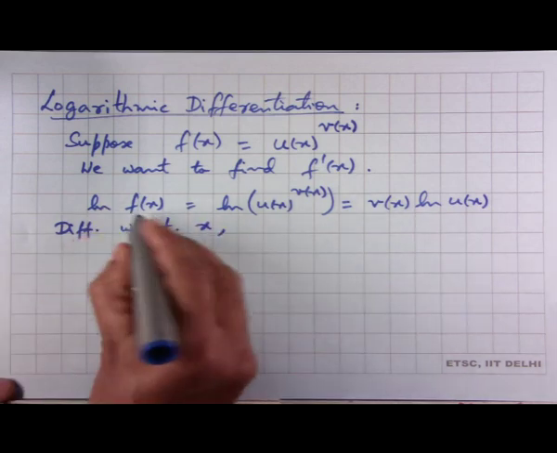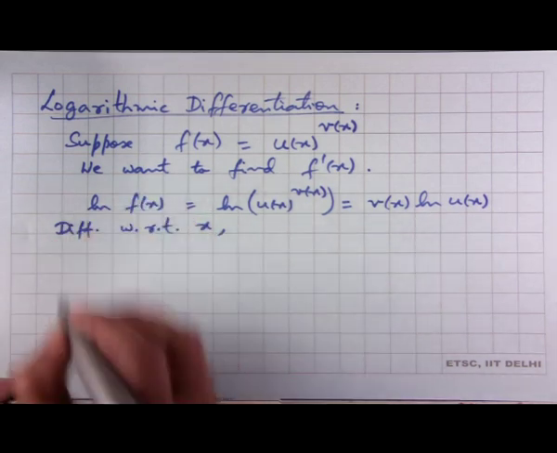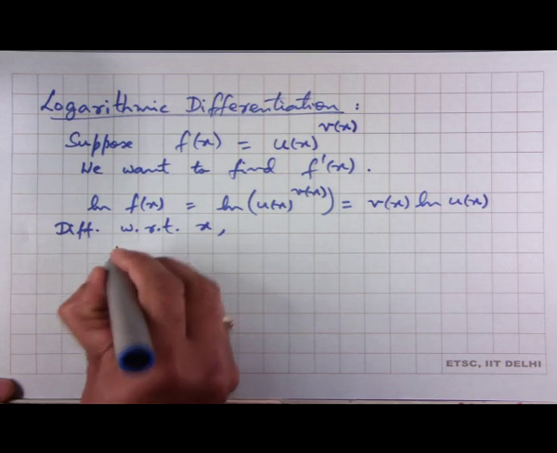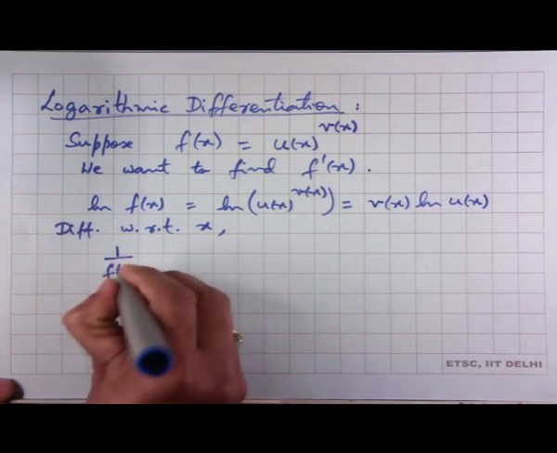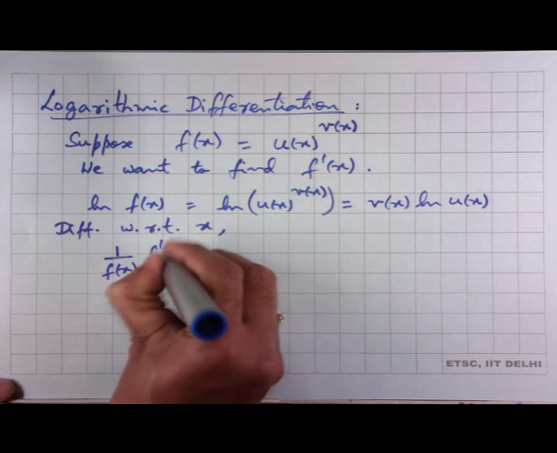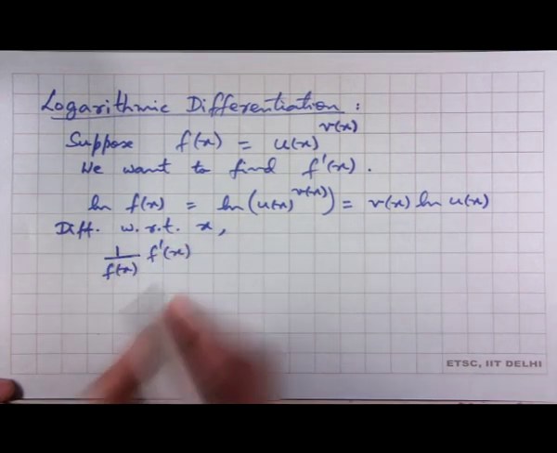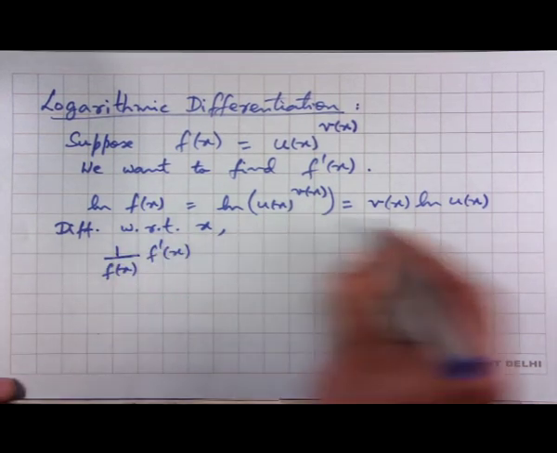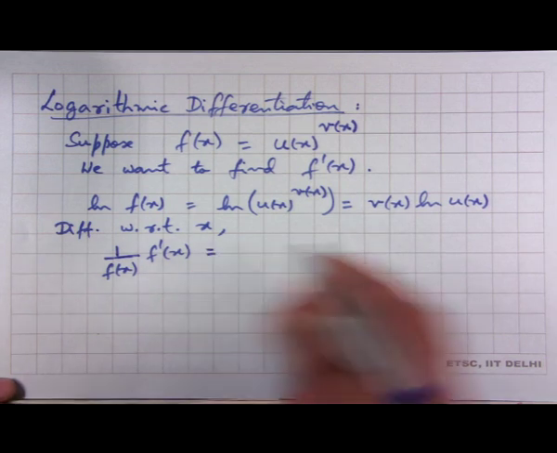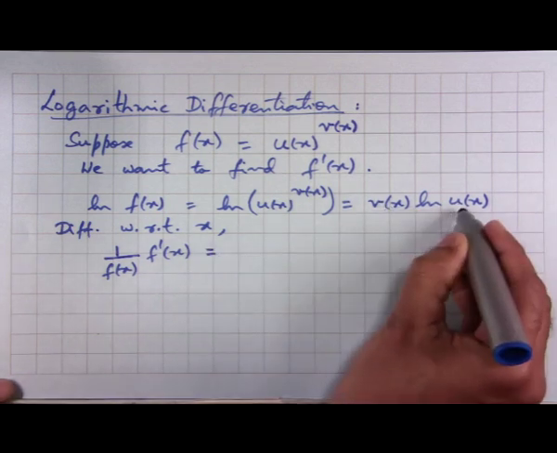We get the derivative of natural log of f x will give me 1 by f x times f prime x. This is again by the chain rule.